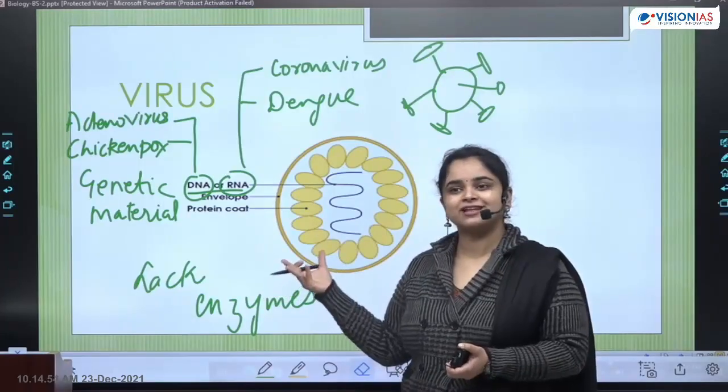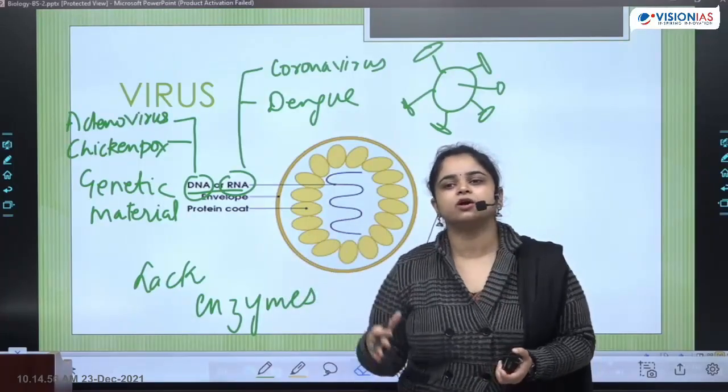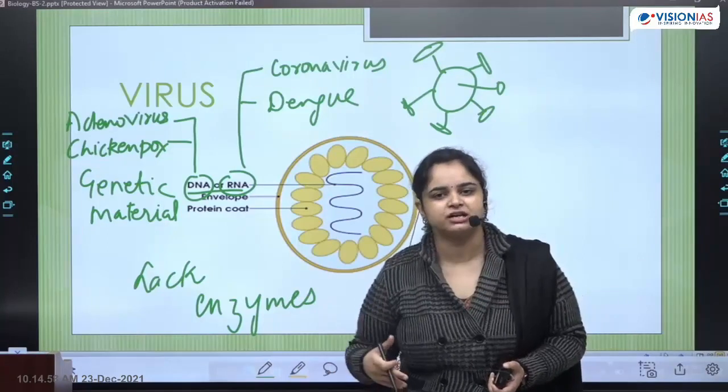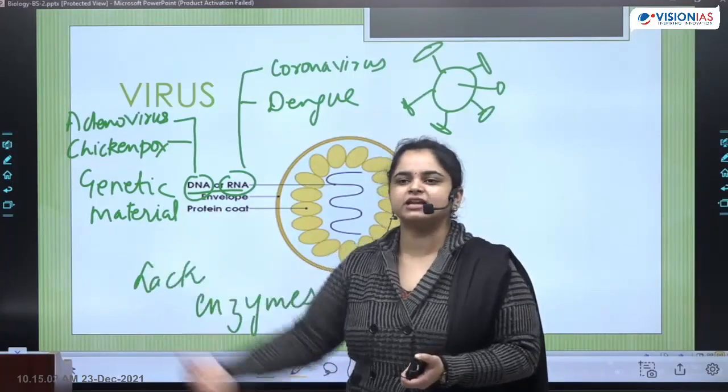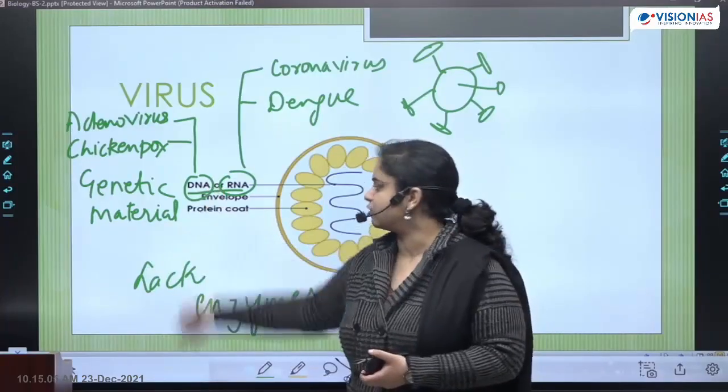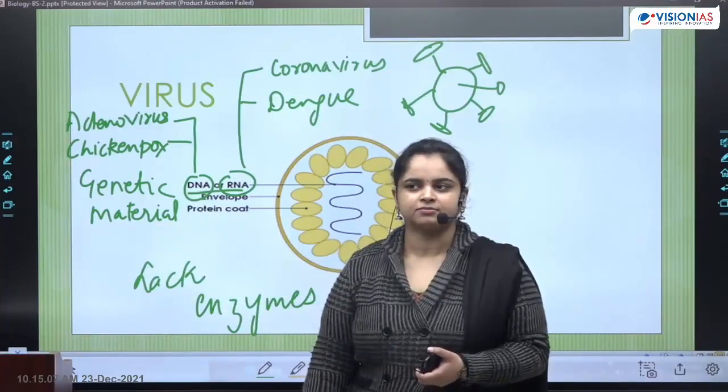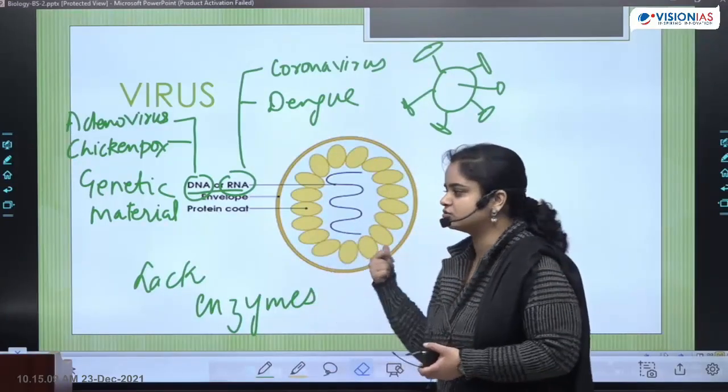Because of that, the probability of an RNA virus changing is a little bit more as compared to any other living organism which is based on DNA. Okay, so that's how you can associate with this.